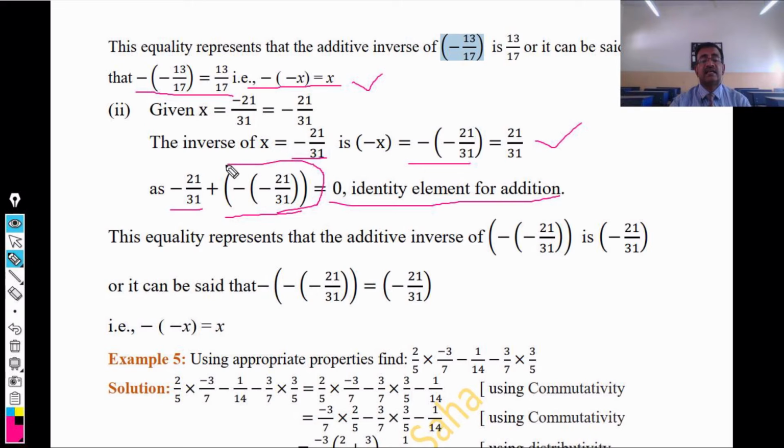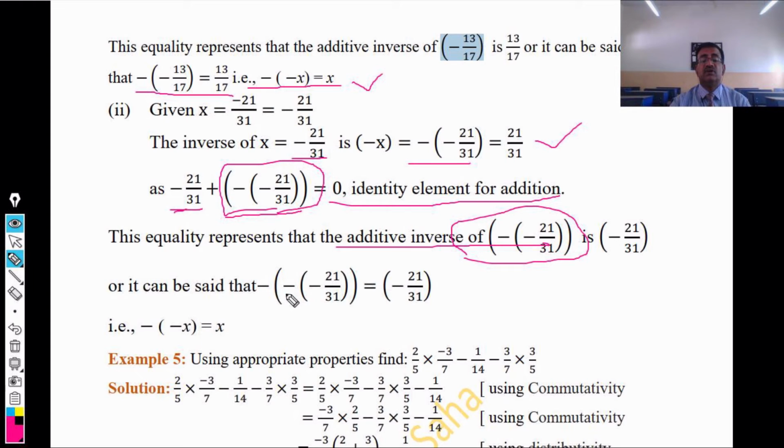Then what can you say? This is the additive inverse of this, and this is of that. Then when you are writing the additive inverse of this, to find the additive inverse, you are putting a minus sign.